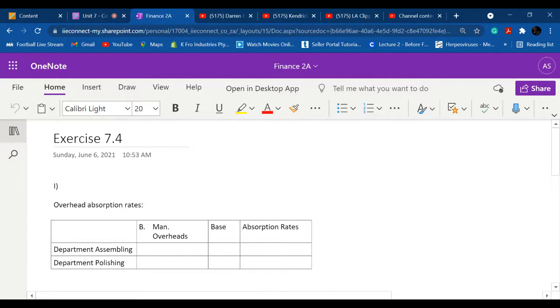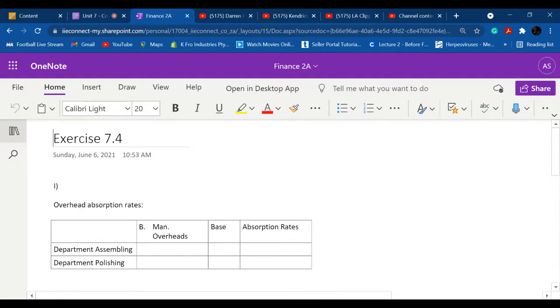So what's going on here? We have a job, sorry, this is a job, not a product, but it's the same principle. We have a job that has gone through two departments, department assembling and department polishing. They both need to work on this in order to complete the job. Does it make sense?